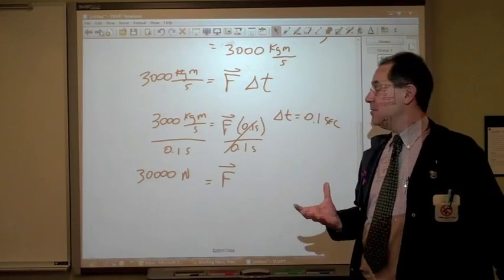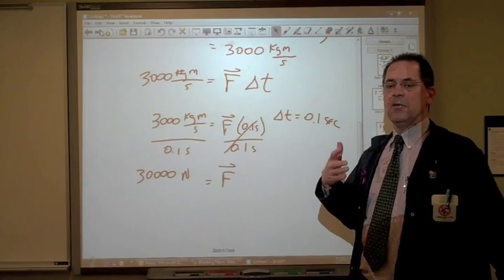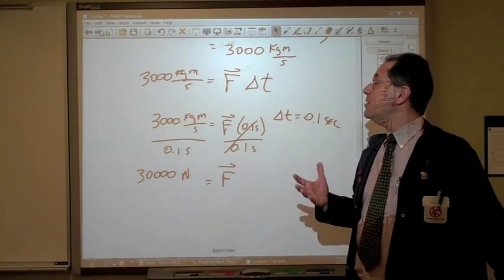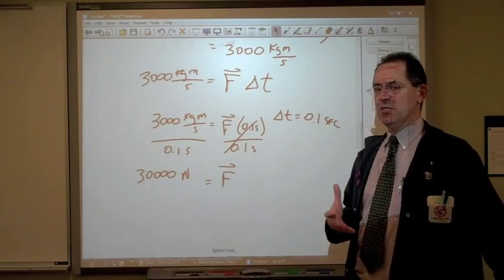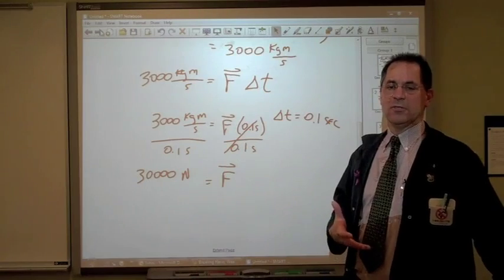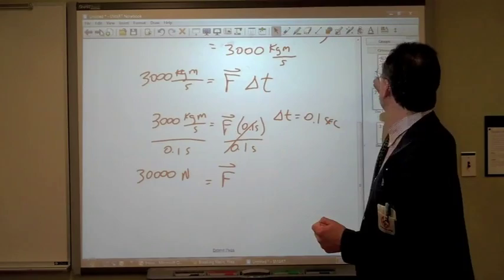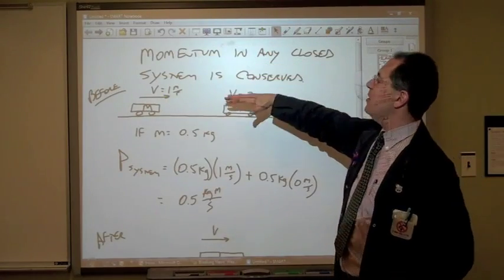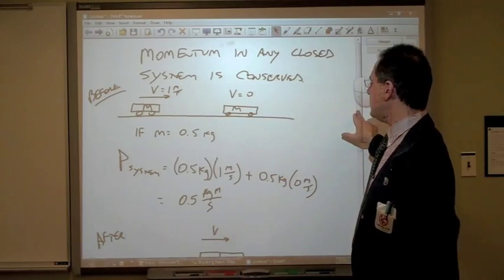All of this discussion of force, impulse, change in momentum is all tied into that same concept that in any closed system the momentum is conserved. So to summarize, momentum in any closed system is conserved. We looked at the carts in the back. Okay.